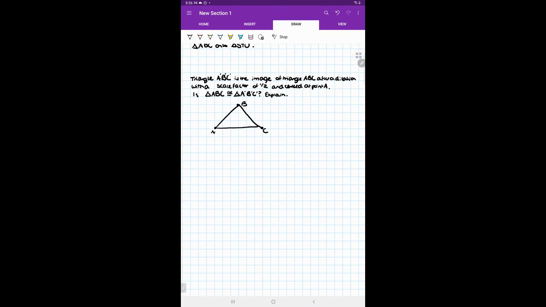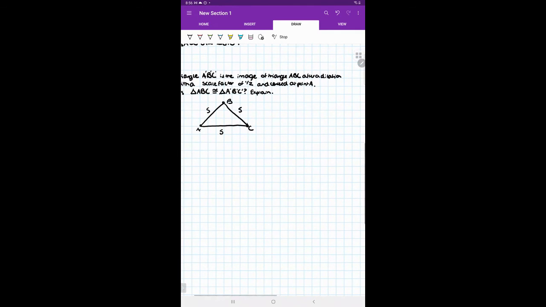and I'm just going to, sorry, want a straight line. I'm just going to assume it's an equilateral triangle, so all the angles are 60 degrees, of course, and let's just make the sides 5.